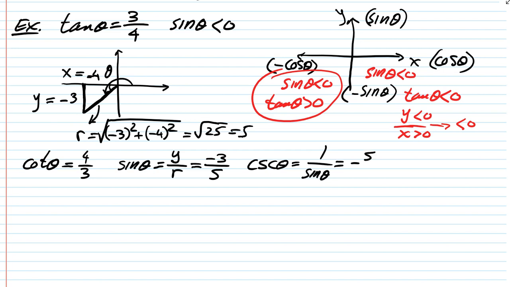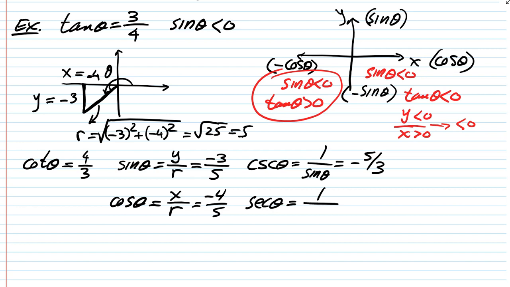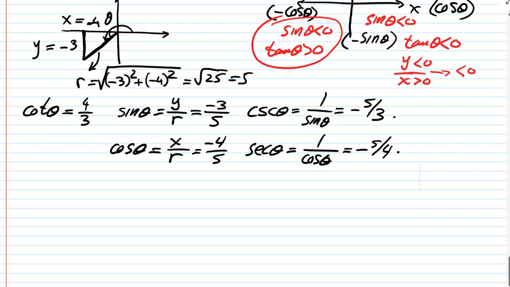Right away I can say that's negative 5/3. Cosine of theta is going to be x over r, so it's going to be negative 4/5. Therefore secant, which is the reciprocal of cosine, right away I know that's going to be negative 5/4. And there we have those measures done right away.